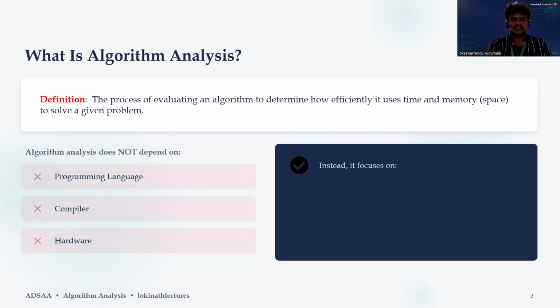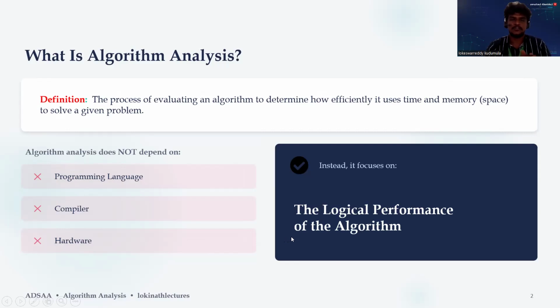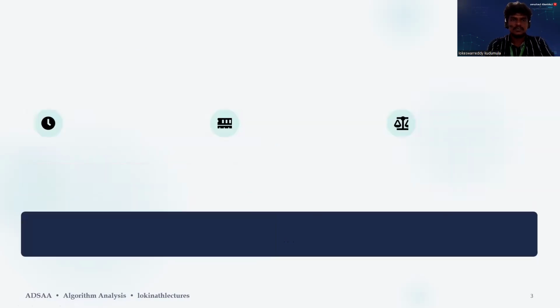So it's completely focusing on the logical performance of the algorithm. It means the algorithm is focusing on how efficiently it is working and how efficiently it is performing the task. So we need to analyze.